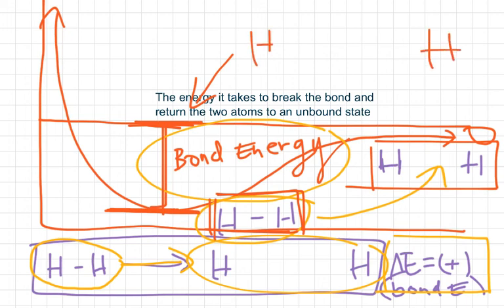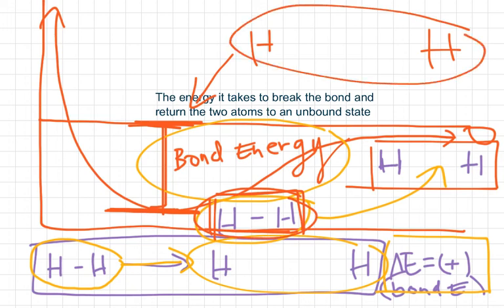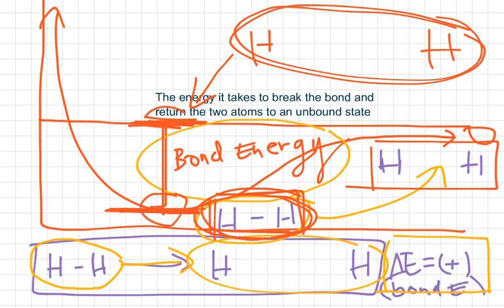So in other words, you're going from a bonded energy to an unbonded energy, and since the unbonded energy is higher in energy than the bonded, then that means that you have to put energy into here in order to get from here to here. And this difference in energy is called the bond energy. So that's a graphical representation of bond energy.